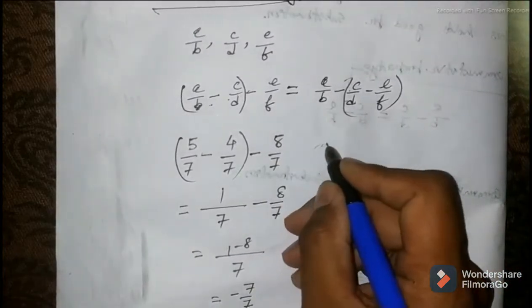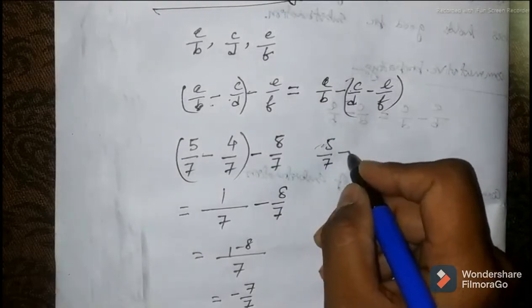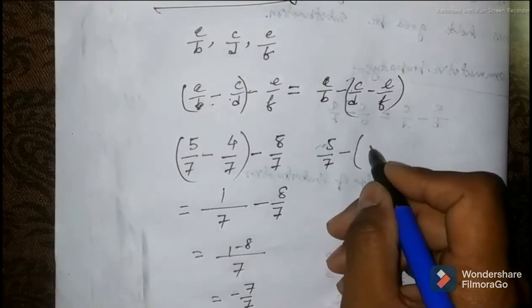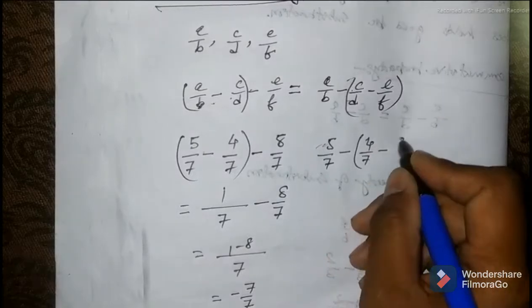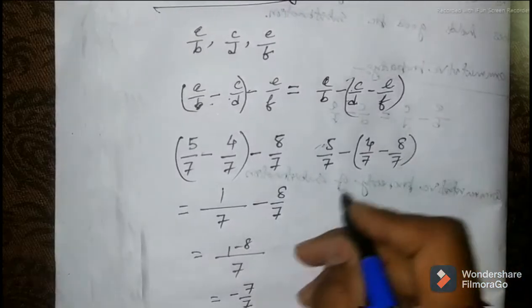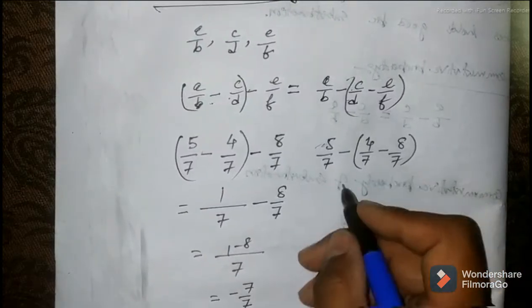Now in this case, here we are taking 5 by 7 minus c by d, which is 4 by 7 minus 8 by 7. First we have to solve the numbers between the brackets.